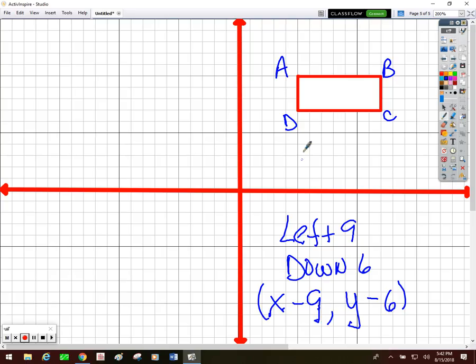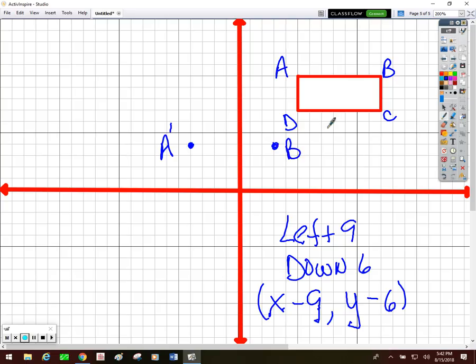So now let's just move what it says. So we'll start each point. Left 9, down 6. 1, 2, 3, 4, 5, 6, 7, 8, 9. 1, 2, 3, 4, 5, 6. There is A prime. All right. B. 1, 2, 3, 4, 5, 6, 7, 8, 9. 1, 2, 3, 4, 5, 6.